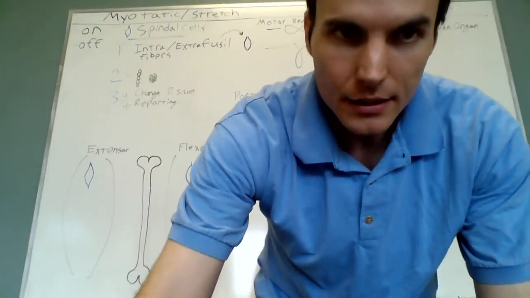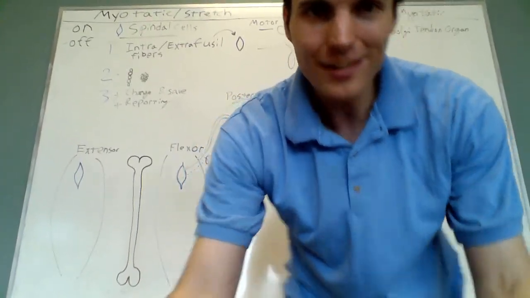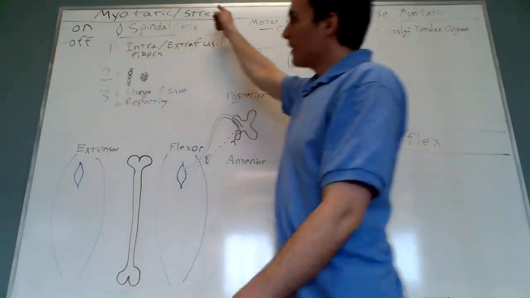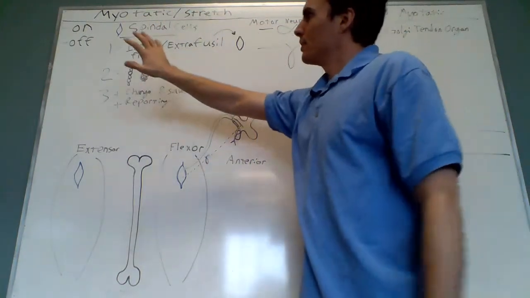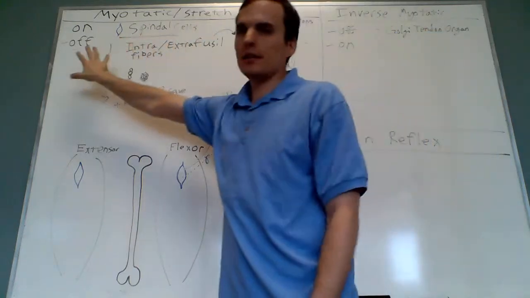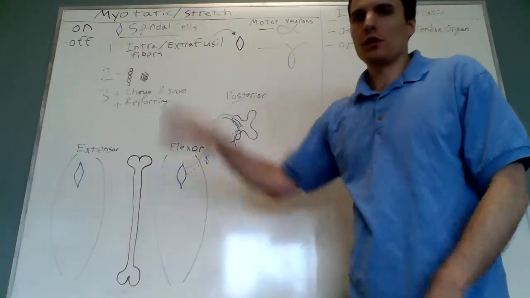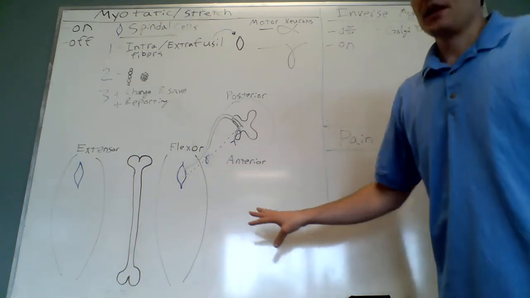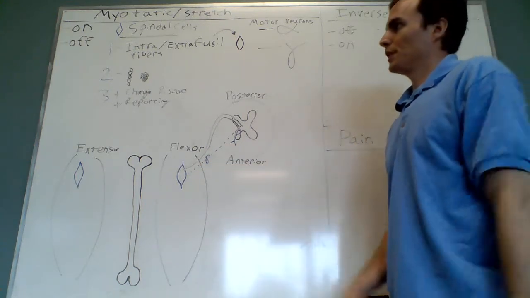So let's begin with some details. All right, so this is actually kind of fun. Myotatic stretch reflex. There are three categories here that I found helpful to know. We'll be going down here to this diagram a little bit to go through each of them.